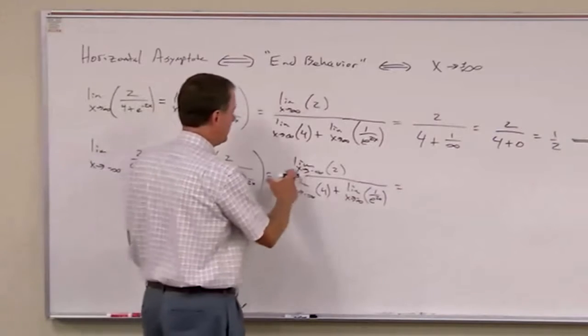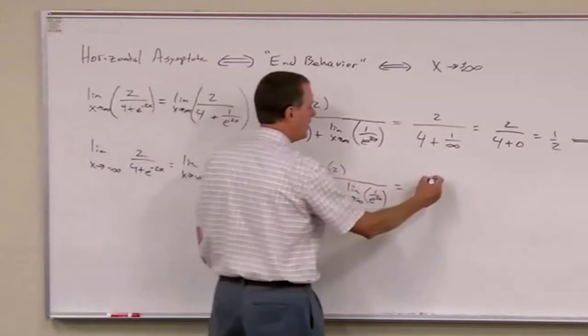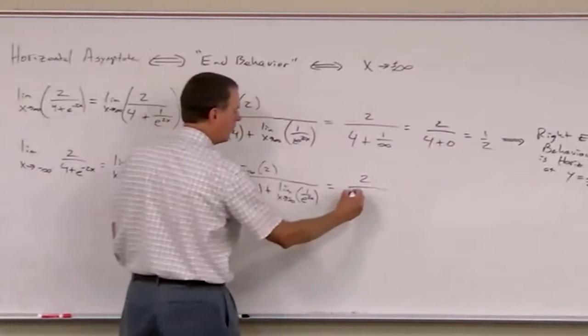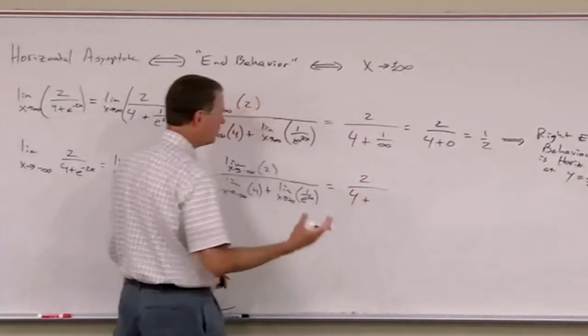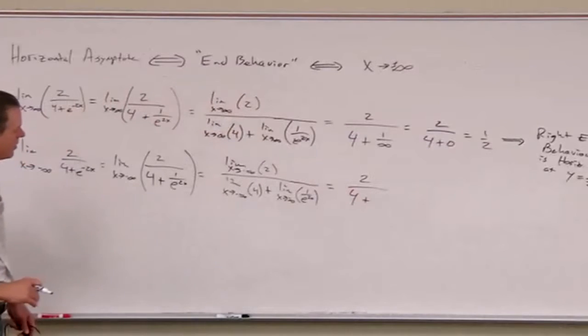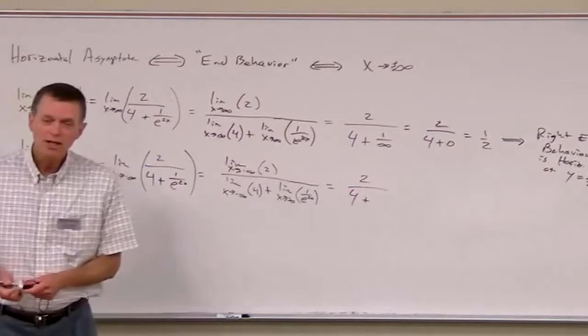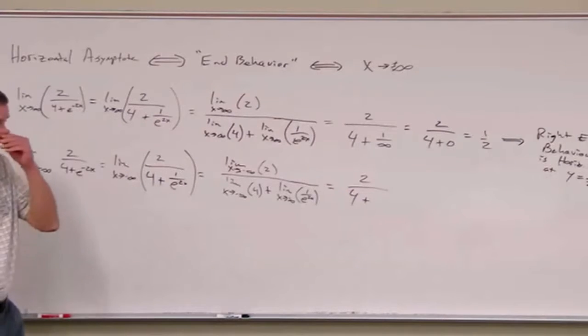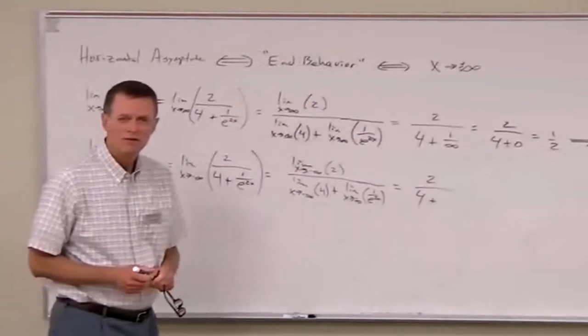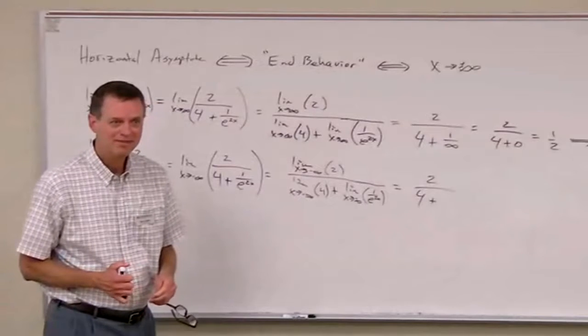So x going to negative infinity doesn't affect the 2, doesn't affect the 4. Those are just always 2 and always 4, so it doesn't matter what x is. But the last term in my fraction is affected by x. So x is getting close to negative infinity. What is that?